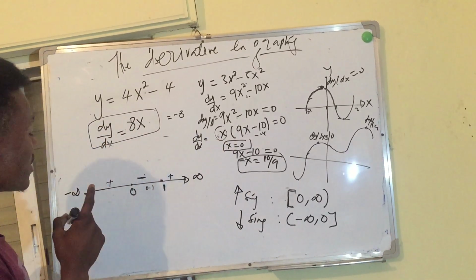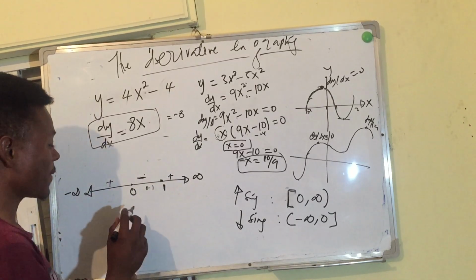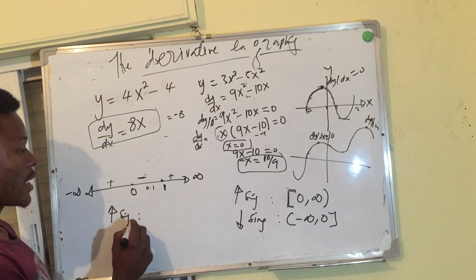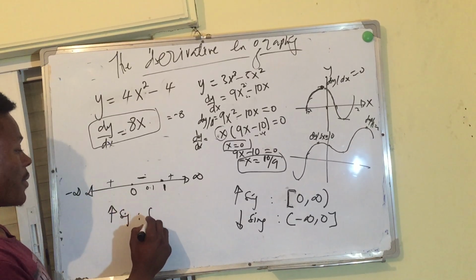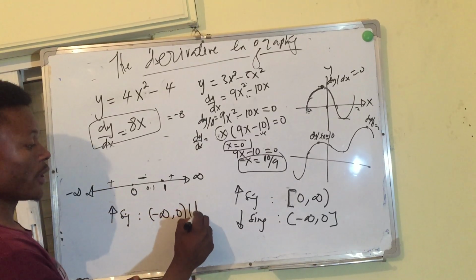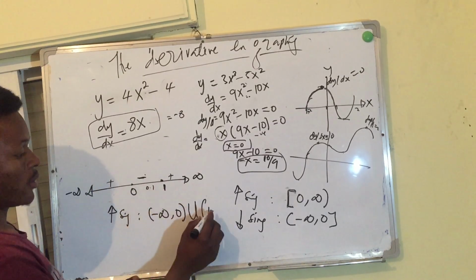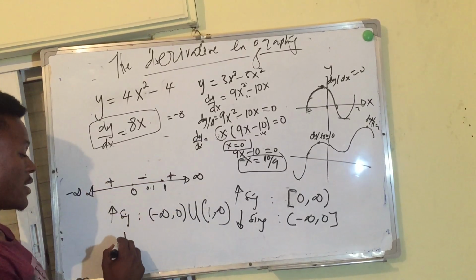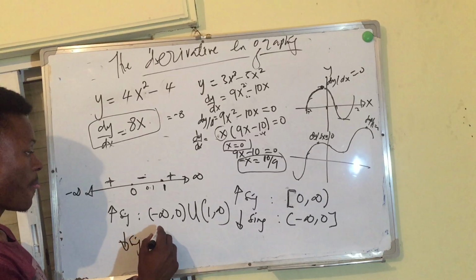So what is this teaching us? The graph is increasing. It's increasing on what interval? From negative infinity, because it is positive, to 0, union 1 to infinity. So two intervals in the increase, but it is decreasing only on one interval.